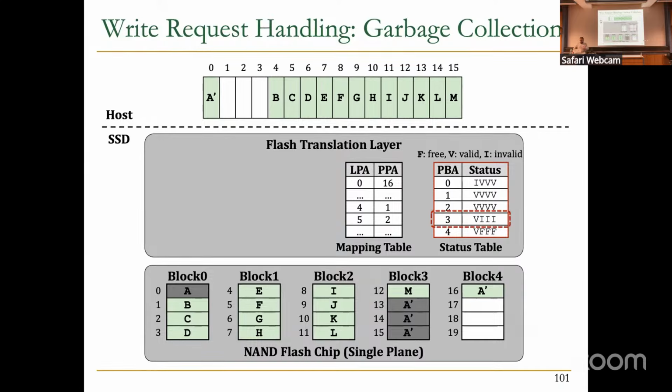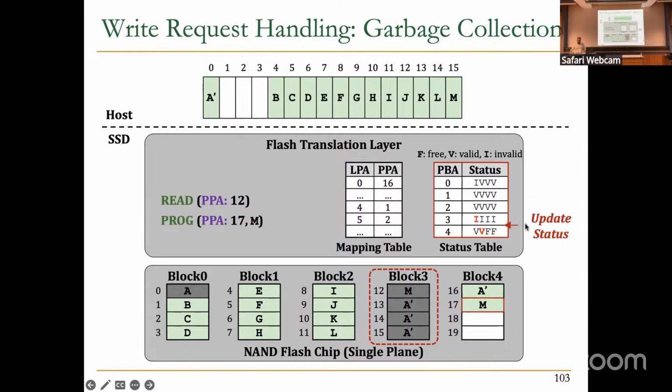So block 3 is going to be considered the victim block. We need to copy the only valid page that we have in block 3 to a free page. So we read this data from physical page address 12, and then we program it to the free page that we have in block 4.